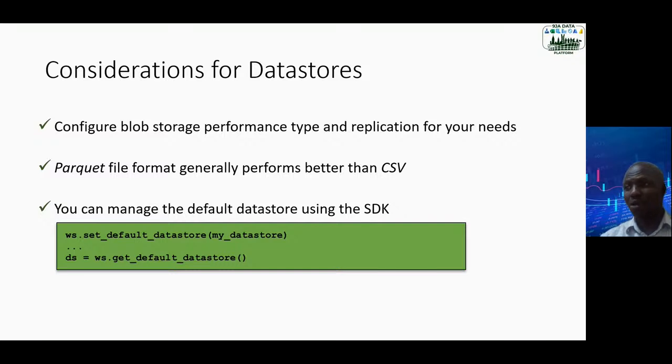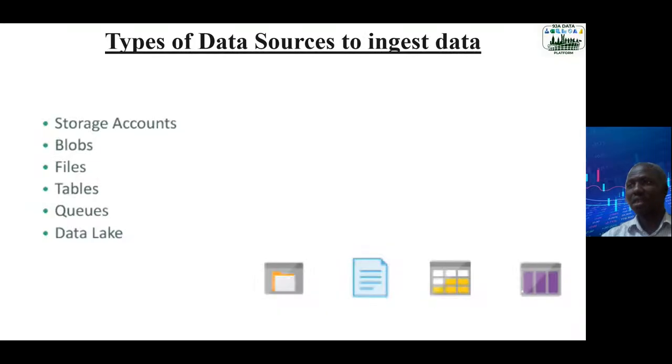If you are working on a team, you can set it just like we can see on the display. And we also need to know our data can be of different types. It could be blob file, it could be data table, queue, or data lake file where we have the Parquet file format. Hope we can discuss that better.